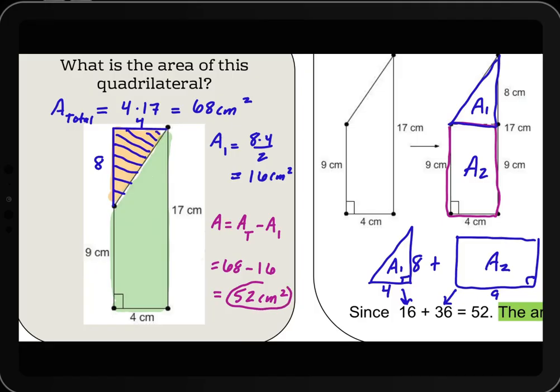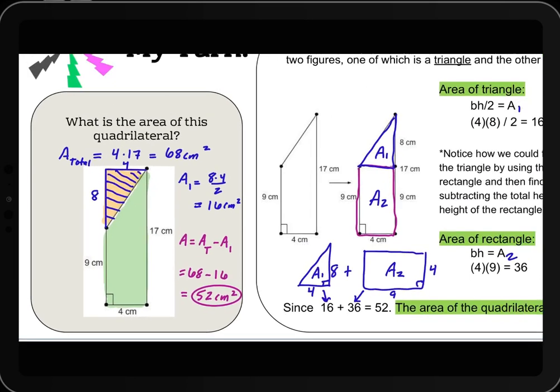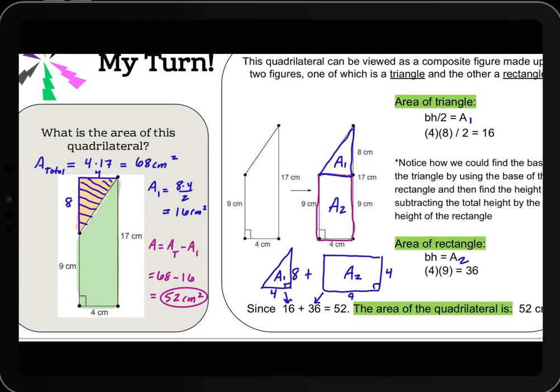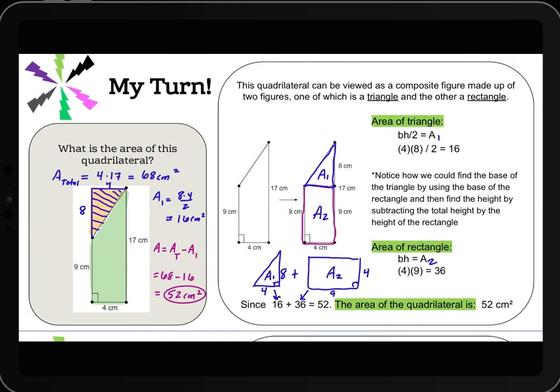So that is another way that the area could have been found, demonstrating subtraction as opposed to addition. So there's more than one way to find the area of a composite figure. It's up to you to decide how you want to go about doing that. I would say that no particular approach here is better than the other. It's simply that they both provide the right area.